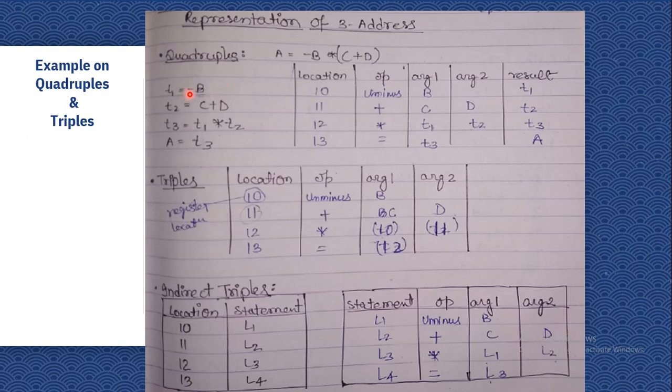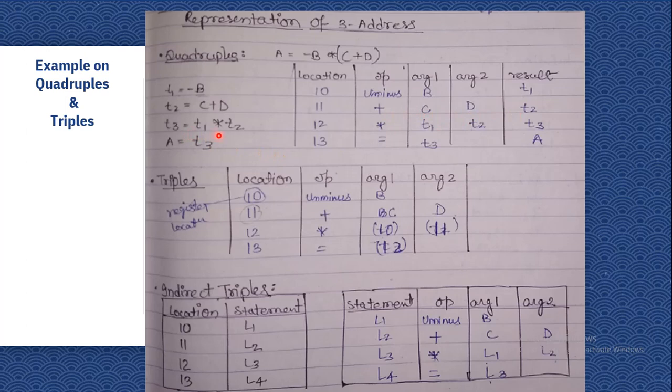So the operator is unary minus, argument 1 is b, and the result is stored in t1. Same as in the second expression, c plus d: the operator is plus, argument 1 is c, argument 2 is d, and the result is stored in t2.